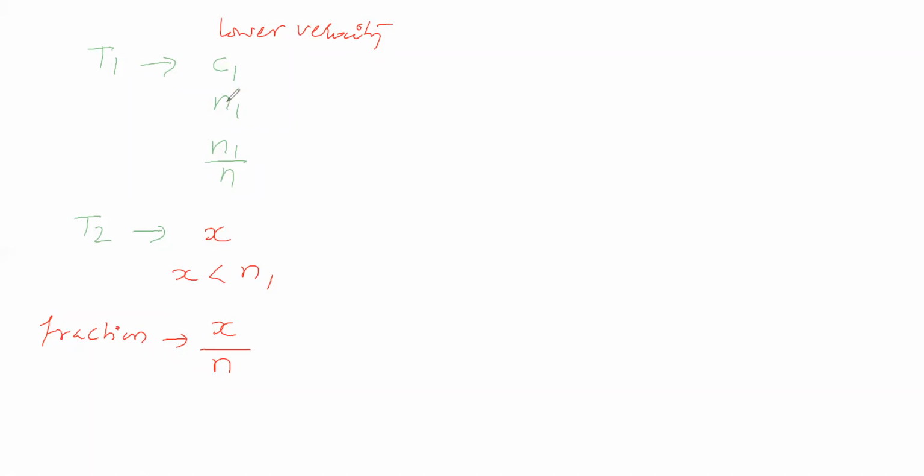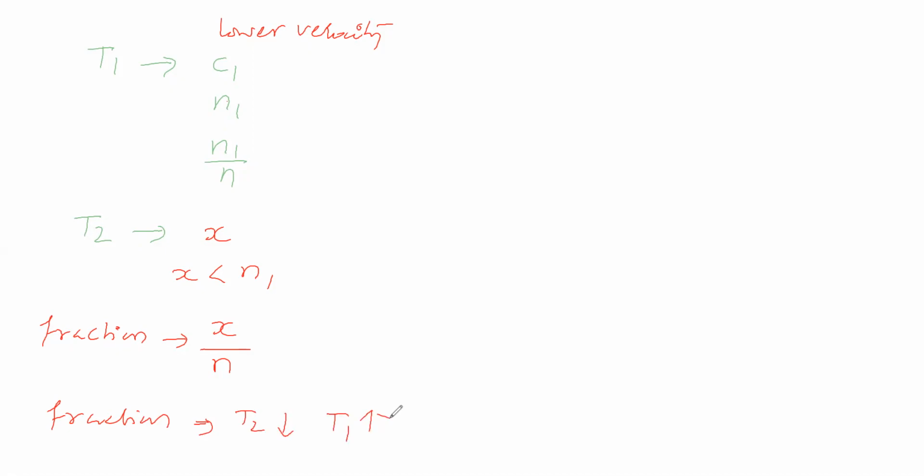You are saying that at T1 temperature it is higher. So the fraction of molecules at T2 temperature will be low and at T1 temperature will be high when the velocity is on the lower velocity side.